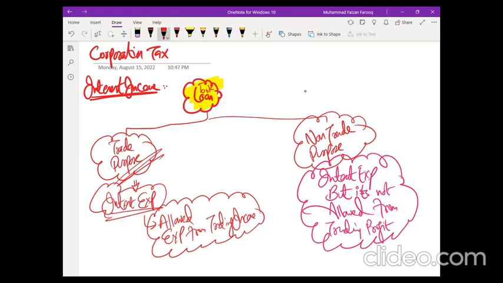In this case, the interest expense will not be an allowed expense, and the not allowed expense has to be added back in net profit. This is the theory, or the concept, of interest expense in corporation tax.